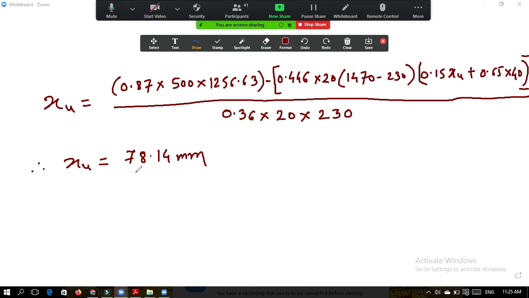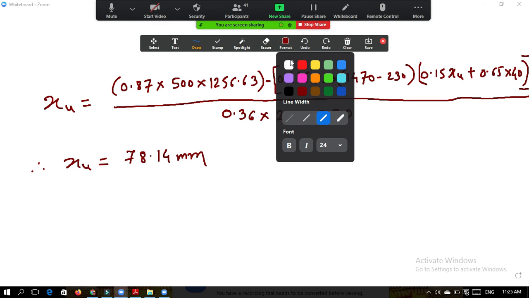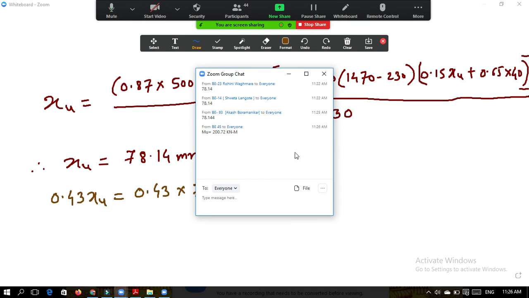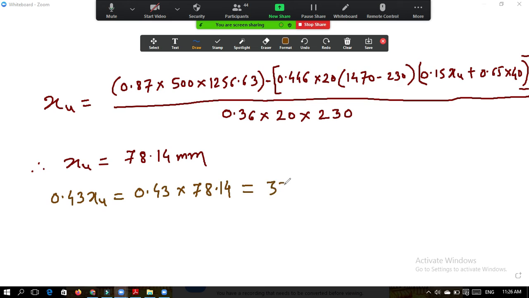So obviously Xu is greater than Df. We already know this. Now check the value of 0.43 Xu. So 0.43 Xu is equal to 0.43 into 78.14. Answer is 33.6.